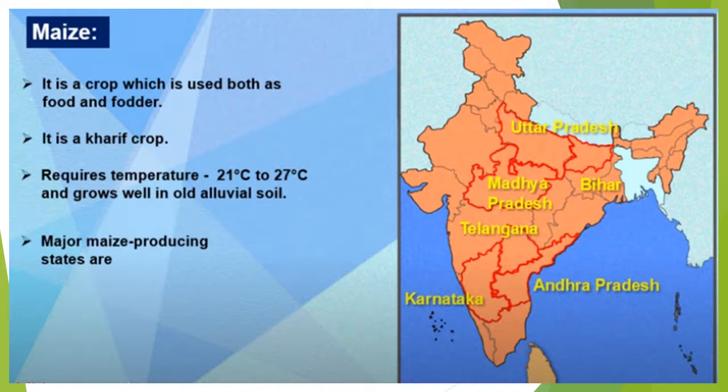And the use of modern inputs such as HYV seeds, fertilizers and irrigation have contributed significantly to the increasing production of maize. Major maize producing states are Karnataka, Uttar Pradesh, Bihar, Andhra Pradesh, Telangana and Madhya Pradesh.